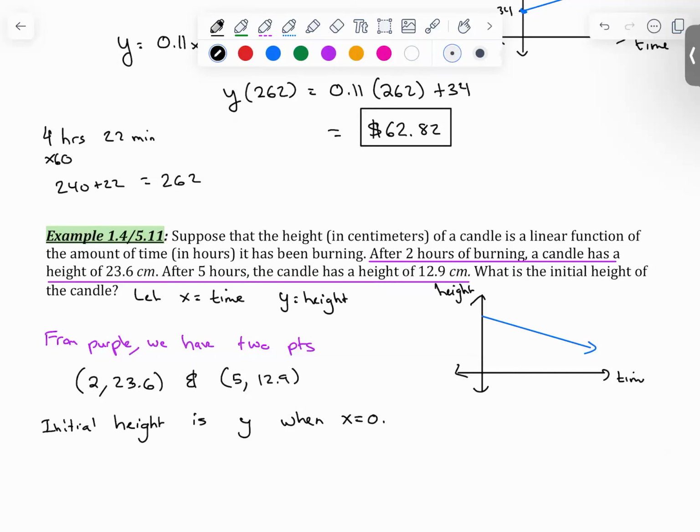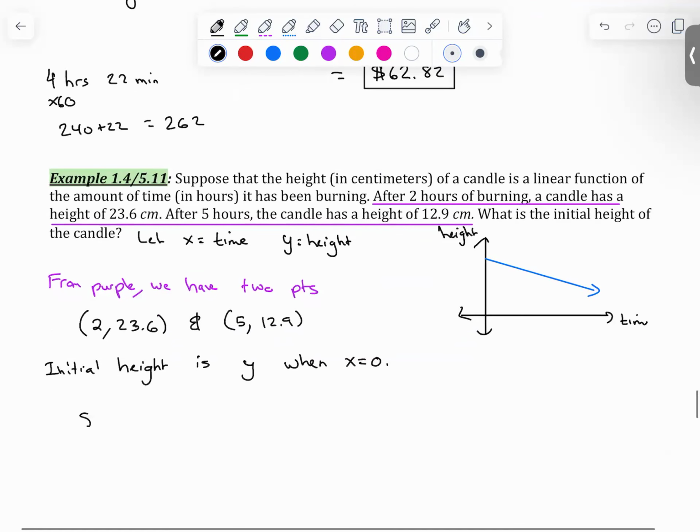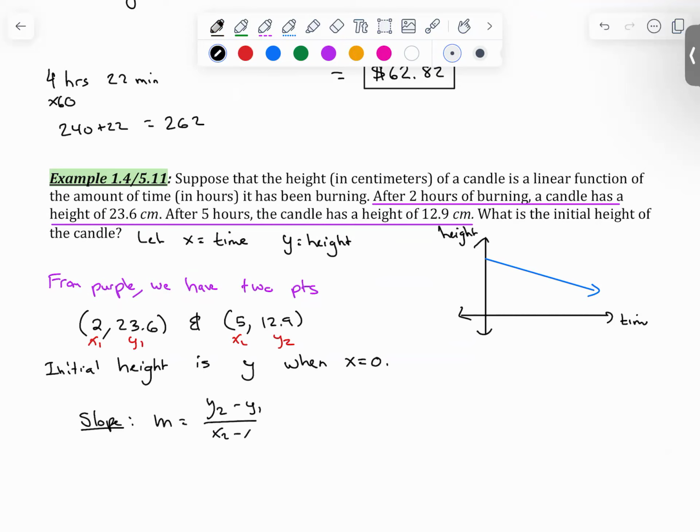But either way, we have 2 points, which means we can find the slope. So slope: we'll make this our x sub 1, y sub 1, and this our x sub 2, y sub 2. Slope is going to be m equals y sub 2 minus y sub 1 over x sub 2 minus x sub 1, just because we haven't seen it in a while.